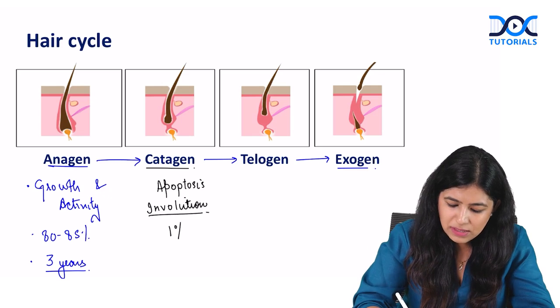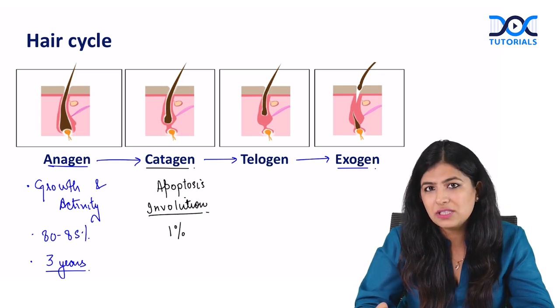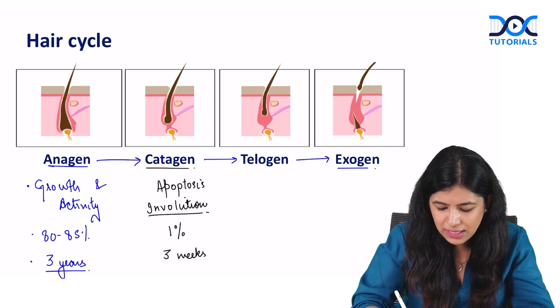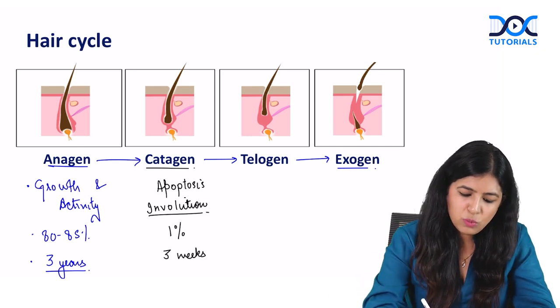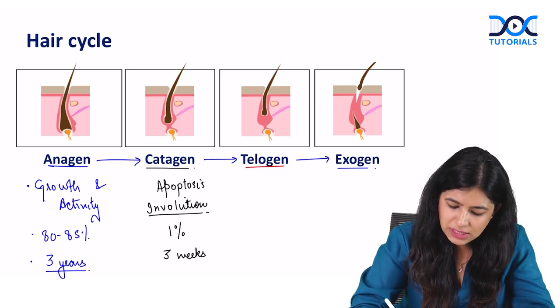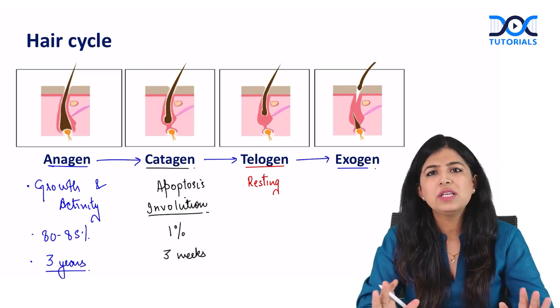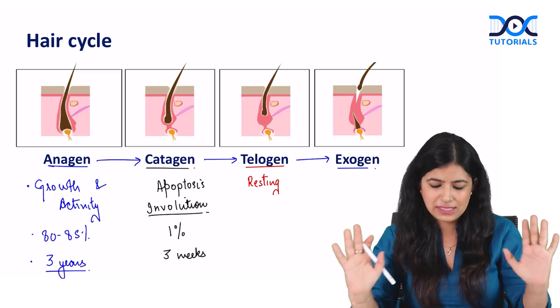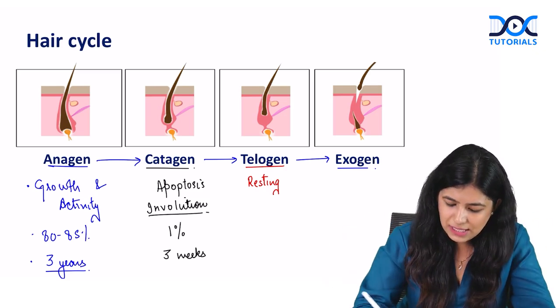Around 1% of the hair are present in catagen phase at one time, the duration being around 3 weeks. Once the breakdown has happened, now the hair goes into the telogen phase where it is dormant or the resting phase. Nothing new is happening, nothing is breaking down, the hair is just resting. So this is the resting phase.